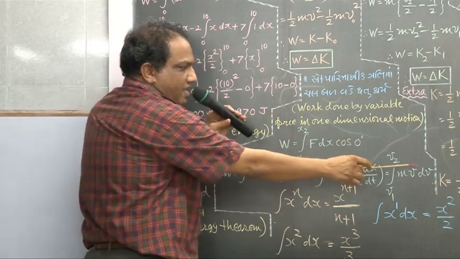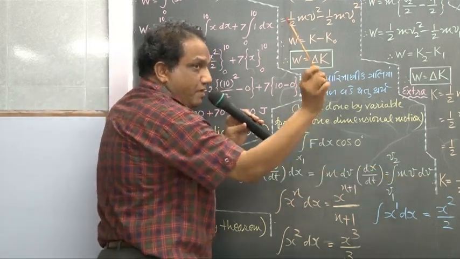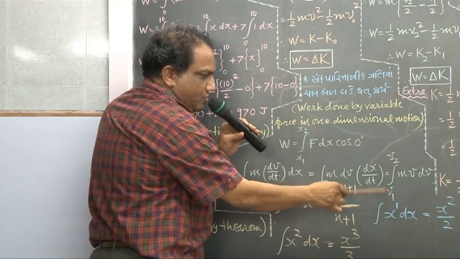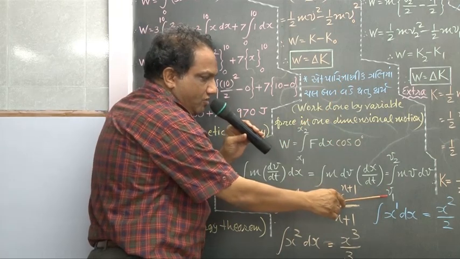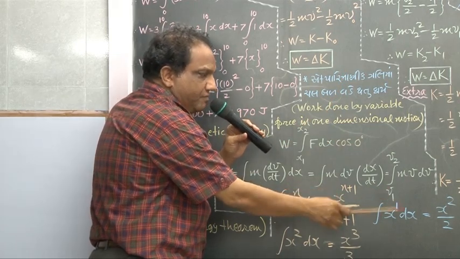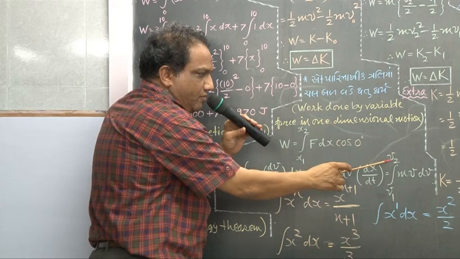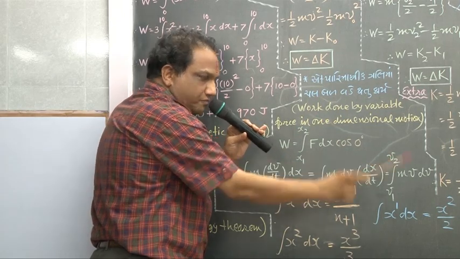But now the variable is in terms of v, so I must write the limits also in terms of v. At the initial position, the initial velocity of the body I am taking as v1. At the final position, the final velocity of the body I am taking as v2.